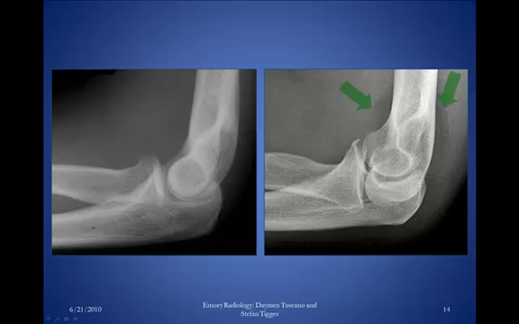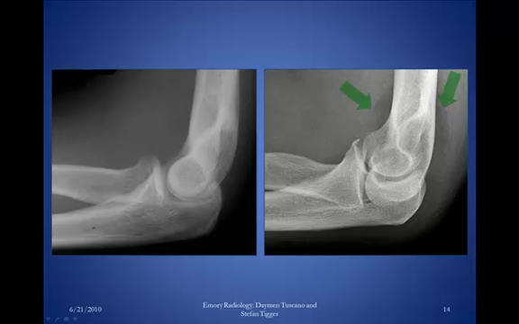Finally, something that can tell you that you do in fact have a fracture that extends into a joint is the presence of a joint effusion. Now these are some images that I've taken from the podcast on elbow fractures, and I'd refer you to that podcast as well to get the full story. The image there on the left is a normal lateral view of the elbow, and the image on the right is a patient who has a joint effusion, which you can see because of the distended fat pads.